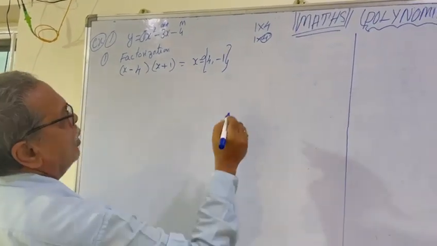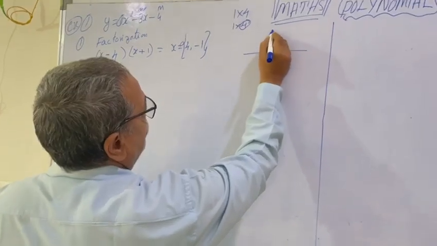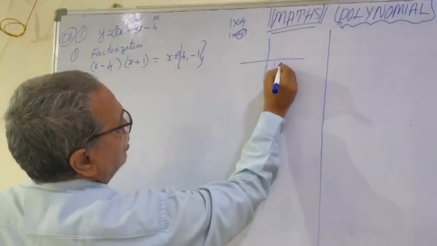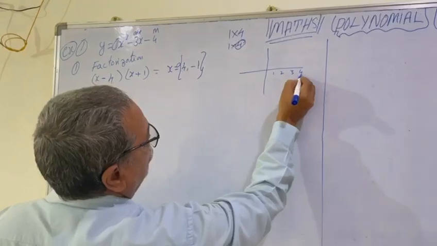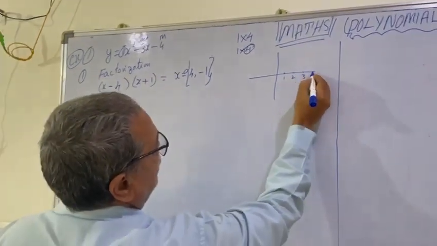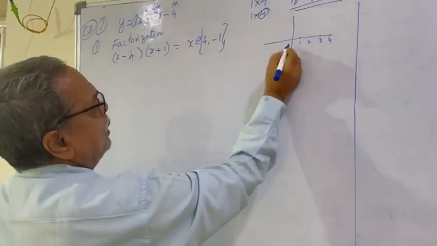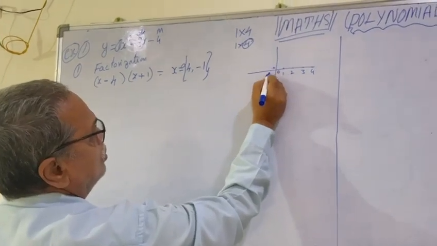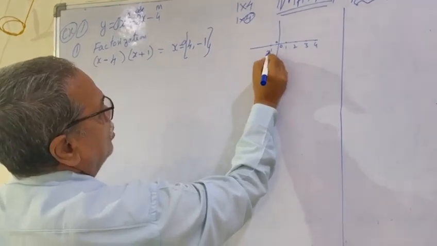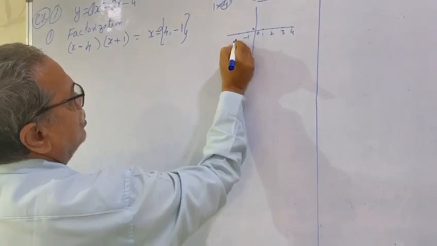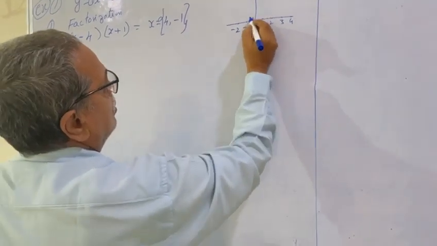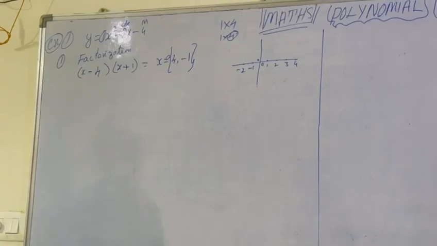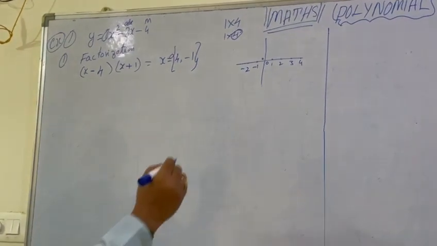Here you will have to draw a rough graph. 1, 2, 3, 4. 1, 2, 3, 4. Here what do you need? Here 0, 0, minus 1, minus 2. Minus 1 is there on the x-axis.